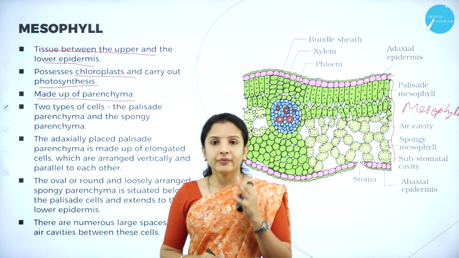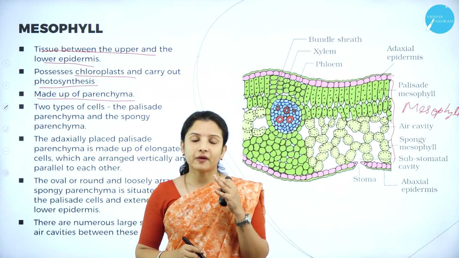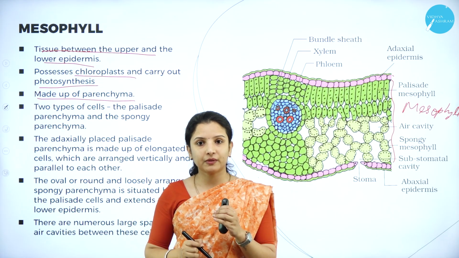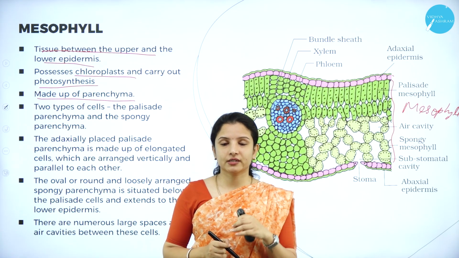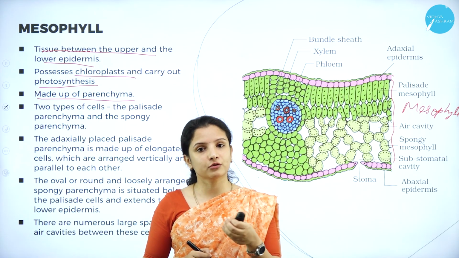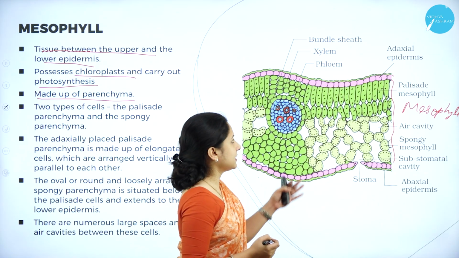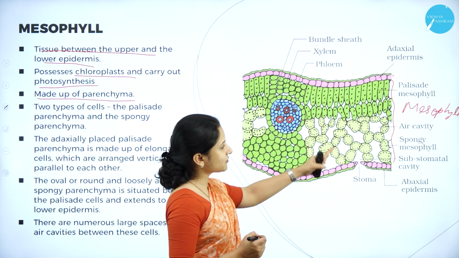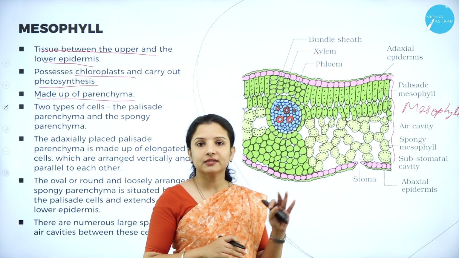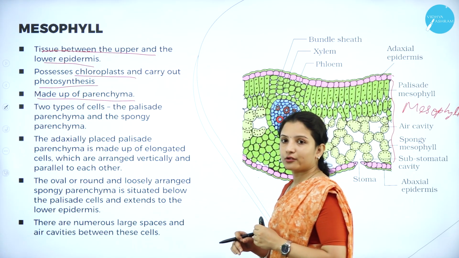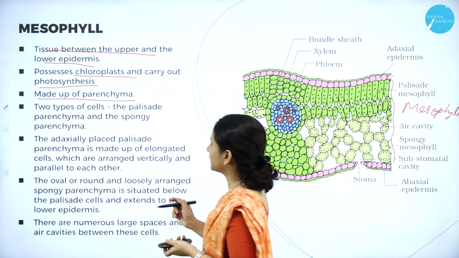So here, those parenchyma cells having chloroplast can also be called the chlorenchyma, or you can also mention it as parenchyma cells with chloroplast. Both are one and the same. The complete mesophyll region is made up of the parenchyma cells, and these parenchyma cells possess chloroplast. Therefore, they are photosynthetic in function.